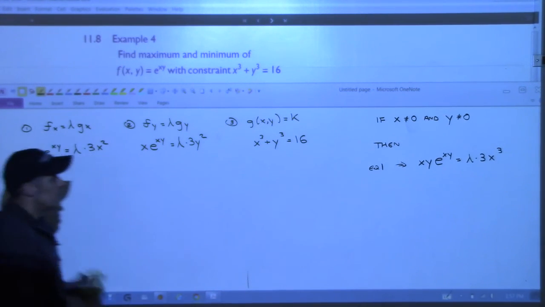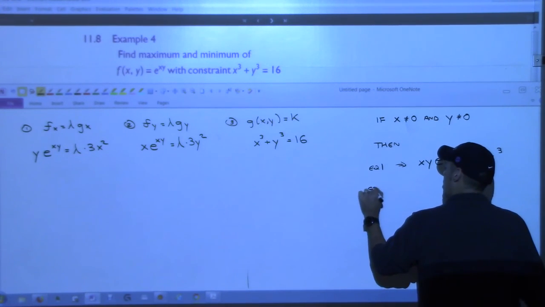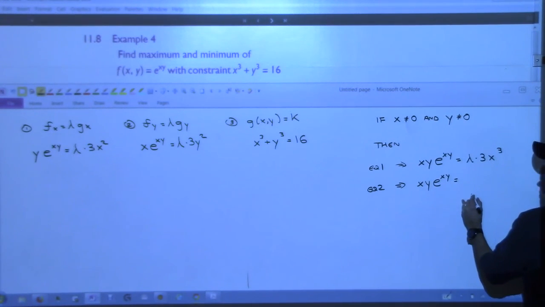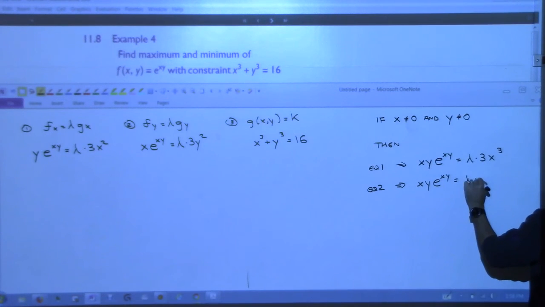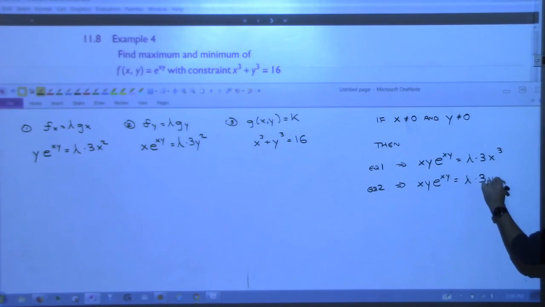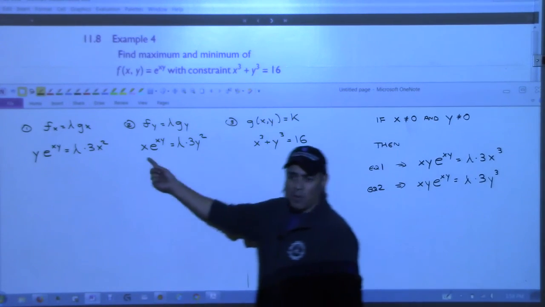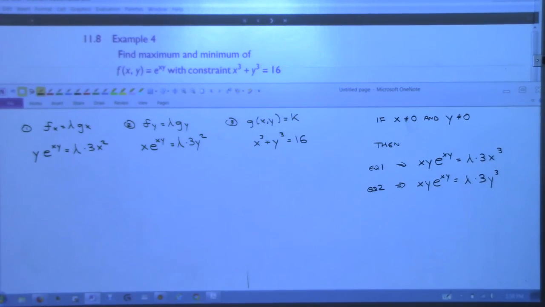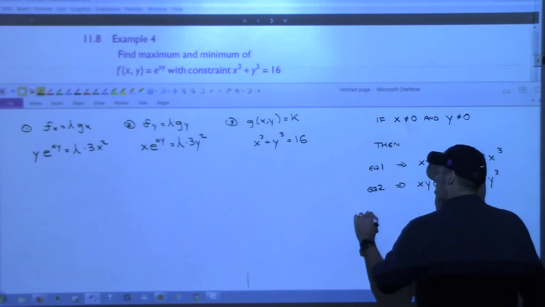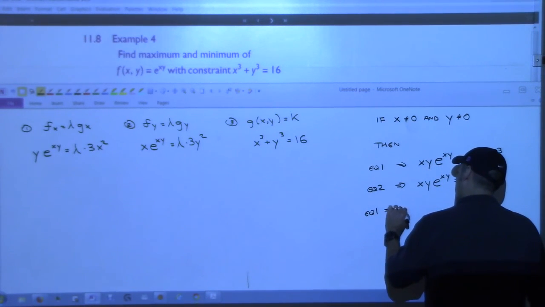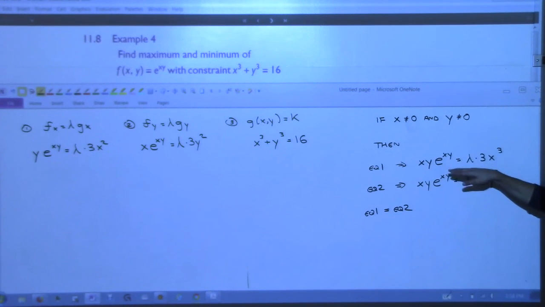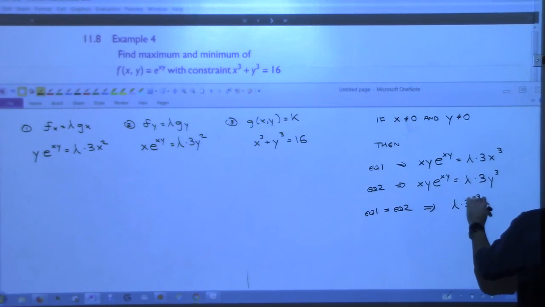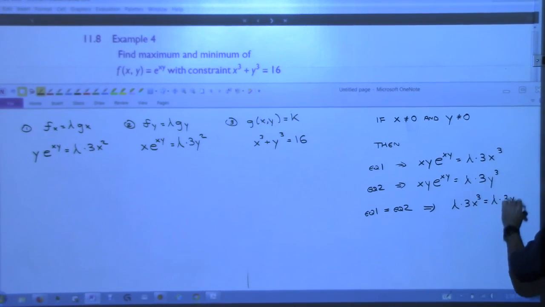So equation 1 becomes that, and equation 2 becomes xy e to the xy equals lambda times 3y cubed. So I took equation 2 and multiplied both sides by y. But I had to have the condition that x and y could not both be 0. Now, I can set equation 1 equal to equation 2, because the left sides are the same. So when I do that, I get lambda times 3x cubed must equal lambda times 3y cubed.